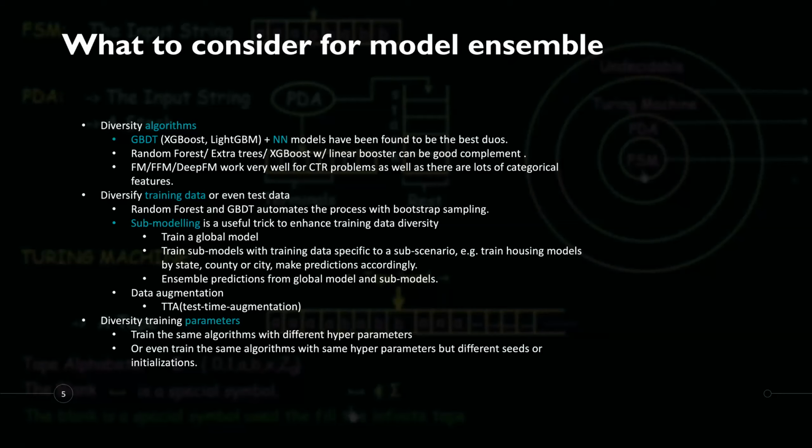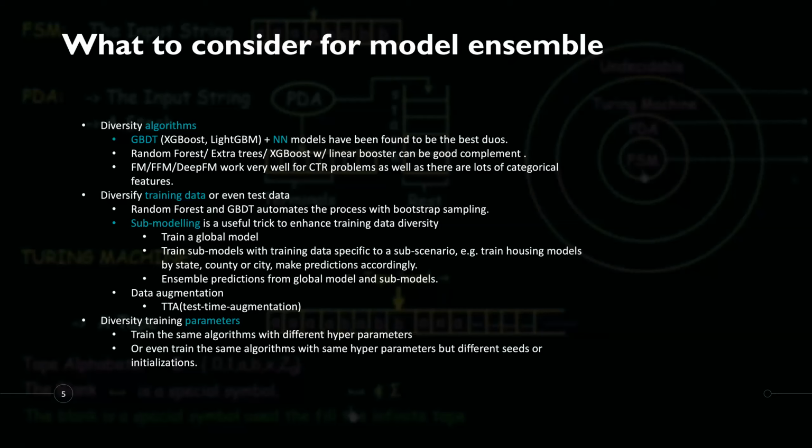In my experience, GBDT algorithms such as XGBoost and LightGBM, along with neural network models, have been found to be the most effective combinations for pretty much all the Kaggle competitions.